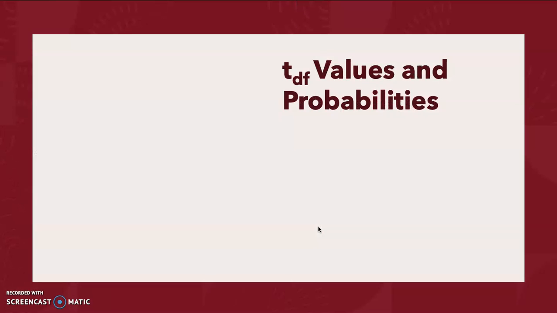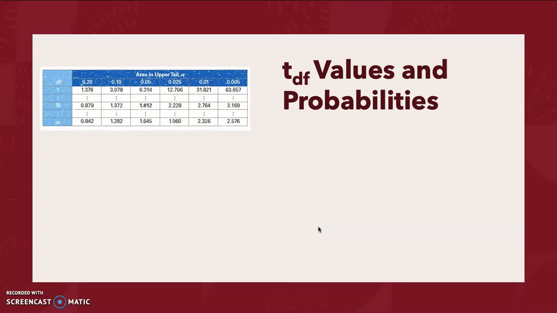So let's now learn about the t-value and the probability. This table provides the value of several t-statistics for selected upper tail probability and its degree of freedom. Since the t-distribution is a family of distributions identified by the degree of freedom, the t-table is not as comprehensive as the z-table.